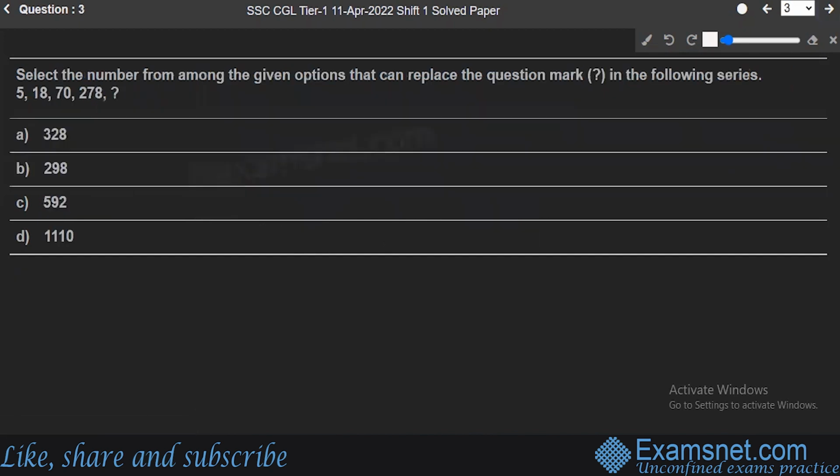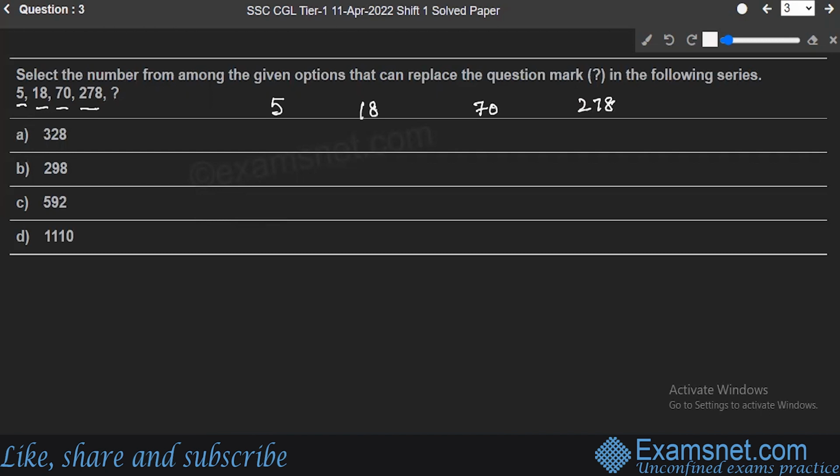Now let's move. Next question is 3. Select the number from among the given options that can replace the question mark in the following series. The series is 5, 18, 70 and 278. The difference between the numbers seems to be pretty large, right?